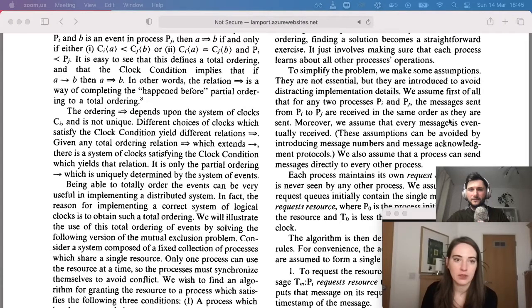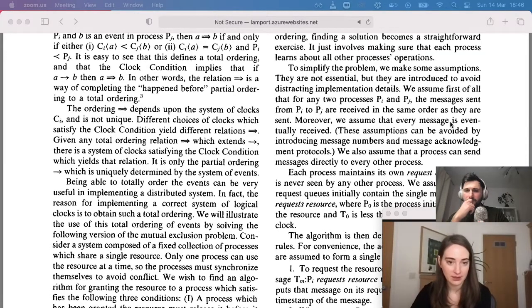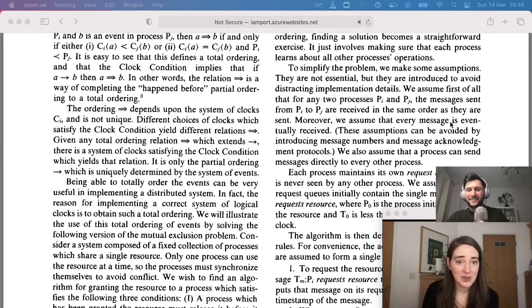The first assumption is that the messages are received in the same order they are sent, which we know doesn't happen all the time. We'll come back to this. And the other one is that all messages are received, so once they send the message, they know it has been received.